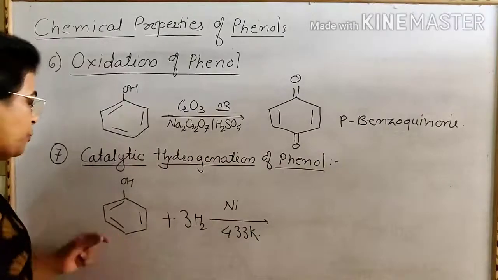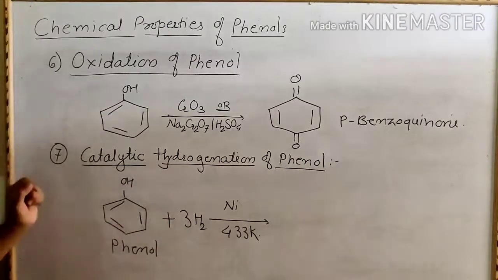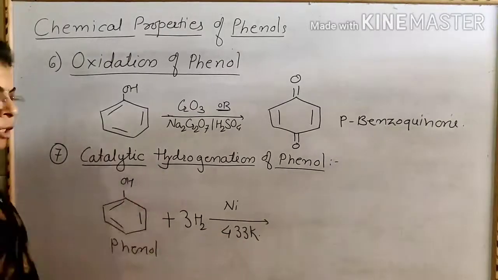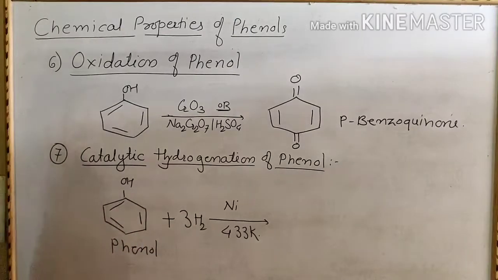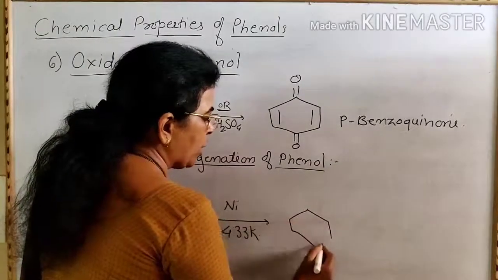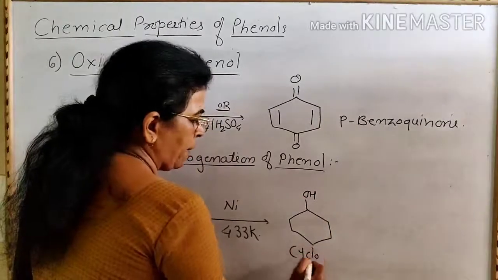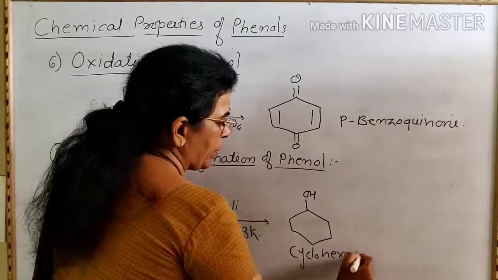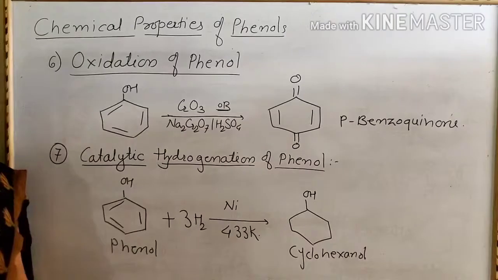When this phenol is treated with nickel catalyst at 433 Kelvin, it undergoes hydrogenation, that is, addition of H2 molecules takes place across the double bonds of the benzene ring of phenol to form cyclohexanol. That is, all unsaturation present in this phenol is converted into saturated cyclohexanol.